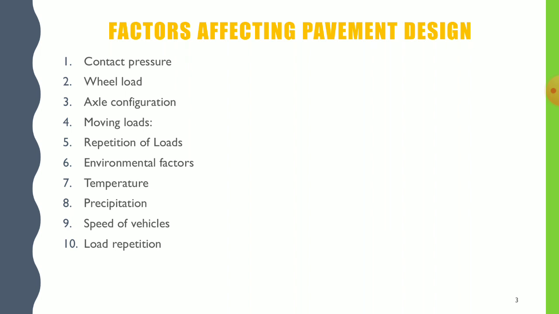Due to the speed of vehicles, the forces increase and the vehicles become very hefty to drive, and also we need very good roads to drive at a high speed. So the speed of vehicles also affects the pavement design.